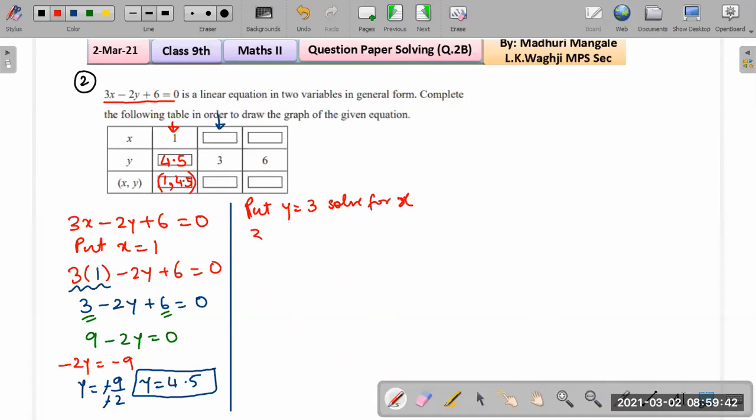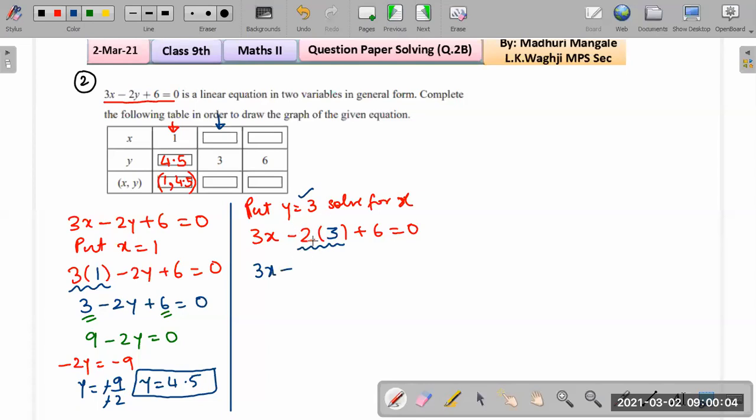All right. So we have the equation 3x minus 2y plus 6 equals to 0. We are going to substitute and solve. So put, sorry, put y equals to 3. So instead of y, we are writing 3 here. And now we simplify this. So 3x, we multiply.